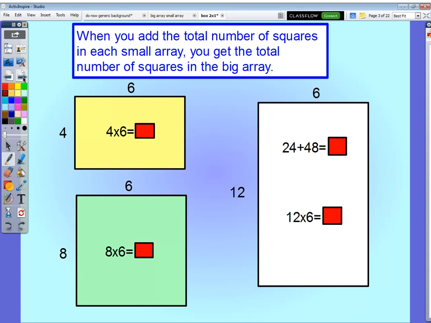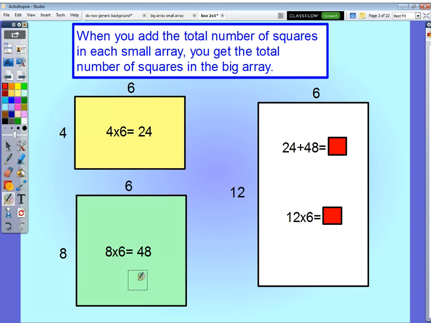Well, take a look at this. If I have that 4 by 6 array, that small one, it has a total, 4 times 6 is 24. So there's 24 boxes in that small array. In this small array, the 8 by 6, the total is 48. So again, if I put those two small arrays together, it makes a 12 by 6 array.